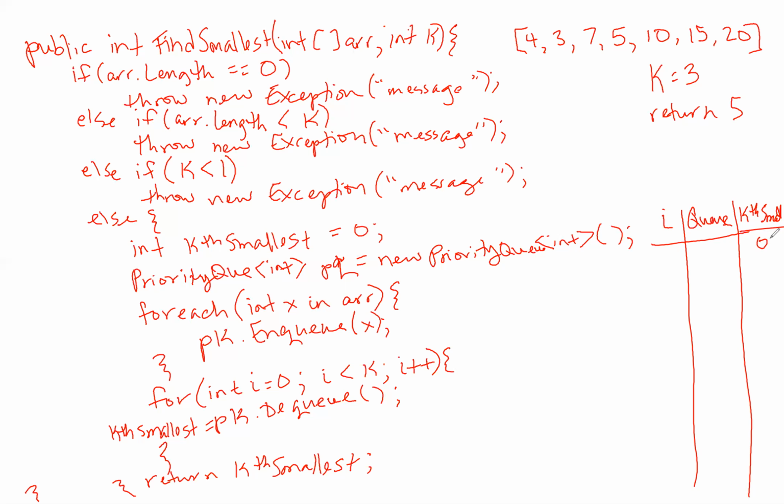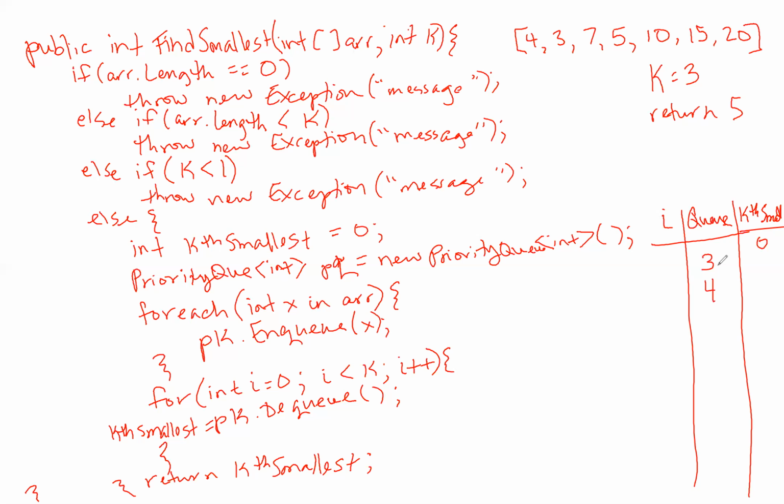First we're going to go through each element in the array and throw it into the queue. It will start at 4 and throw that into the queue. Then it will loop back through and go to 3. It'll put that in the queue above the 4.